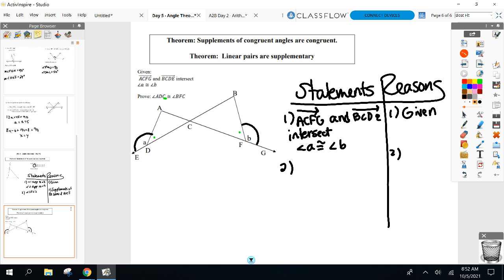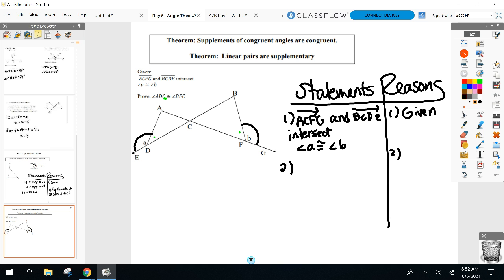I wish it was 2 steps and we could just write this reason. To be able to use this reason or the last one we did, which is supplements of the same angle, you need to tell me in your proof that angles are actually supplementary.